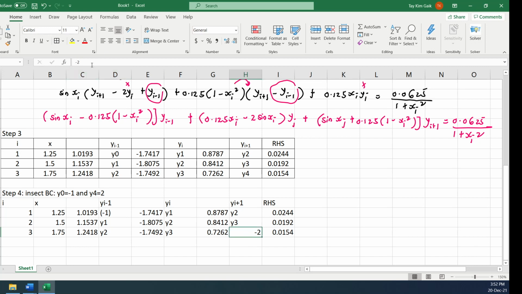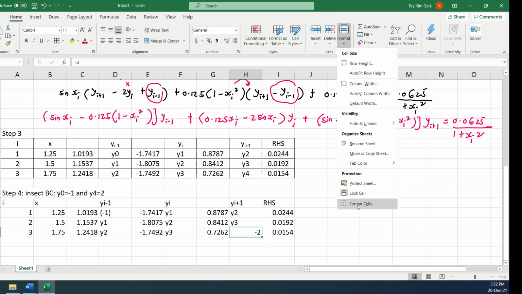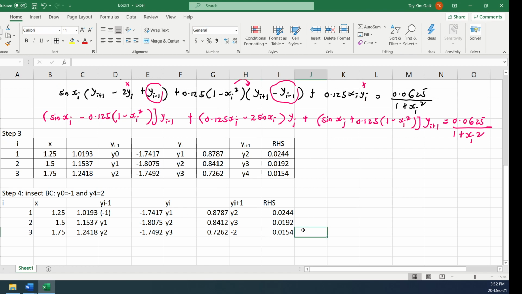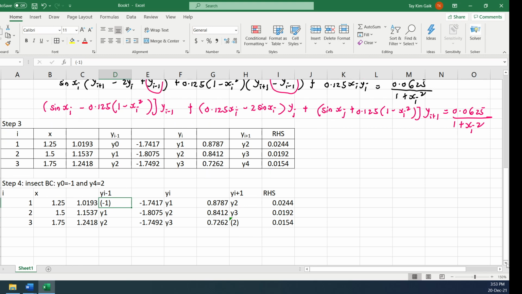Because sometimes you cannot type, it will put it here unless I change the format to text. So y0 replaced by negative 1, y4 replaced by 2.